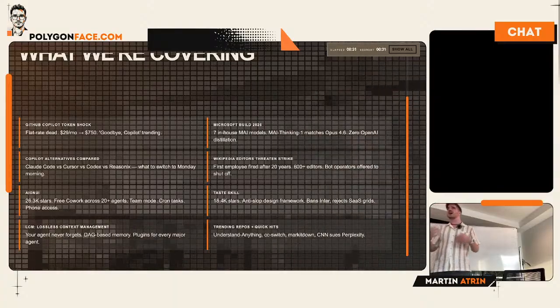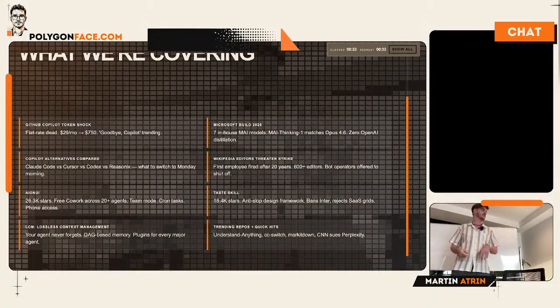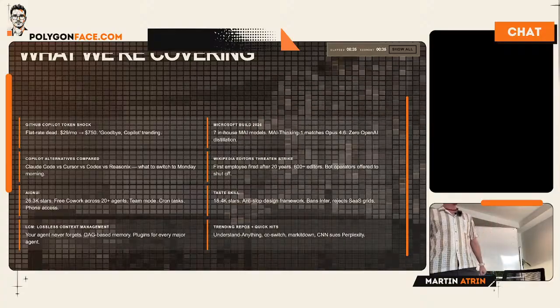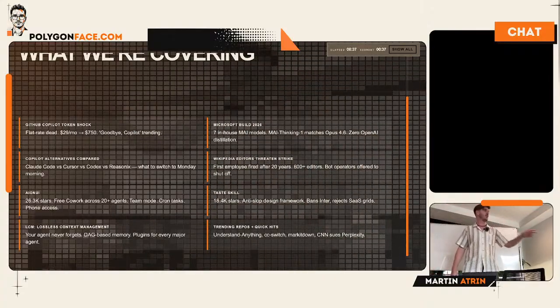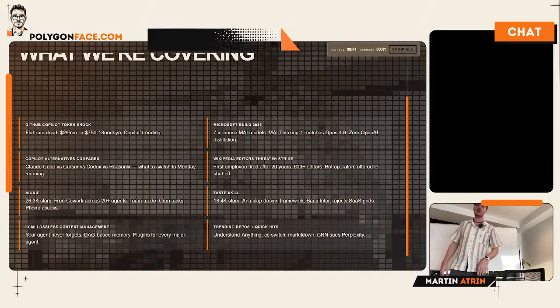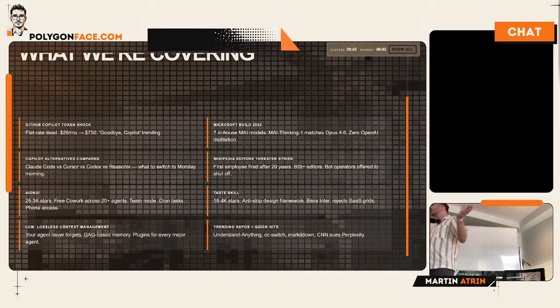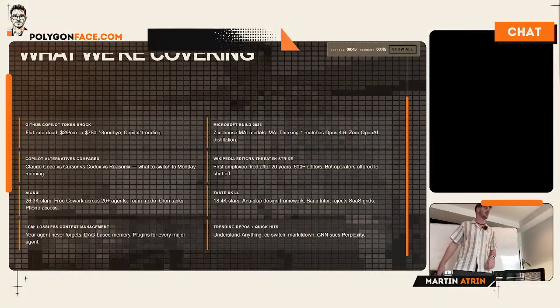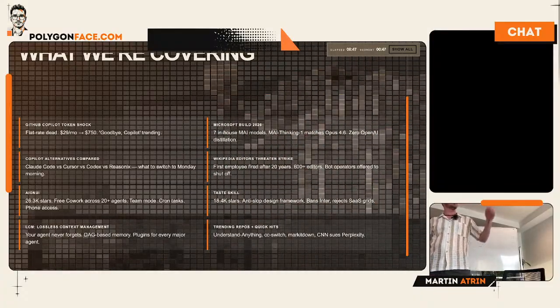They're trying to bench it against Opus 4.6. Copilot alternatives: Claude Code, Cursor, Codex, Reasonix, which we introduced last week for DeepSeek. What can we do to save some money and try something else?